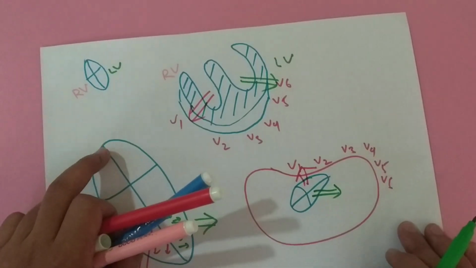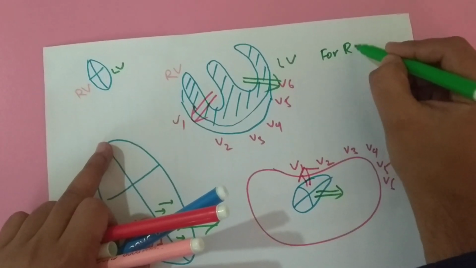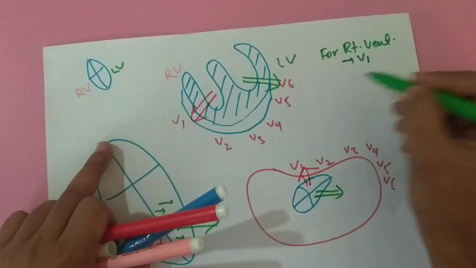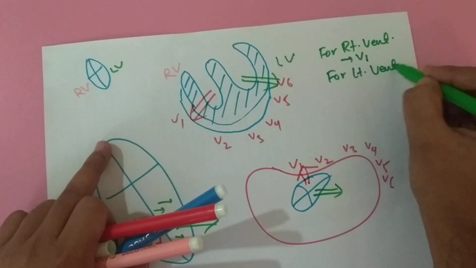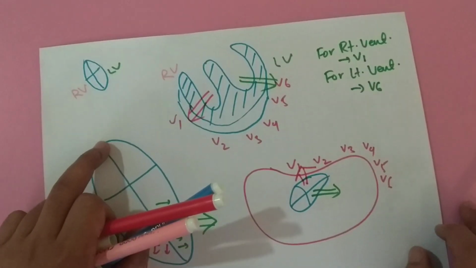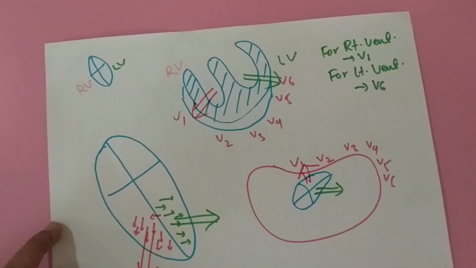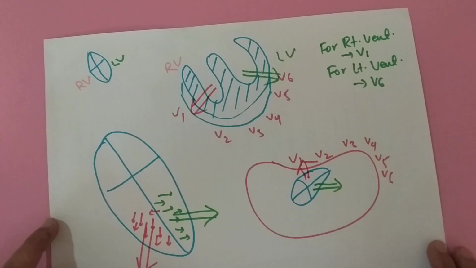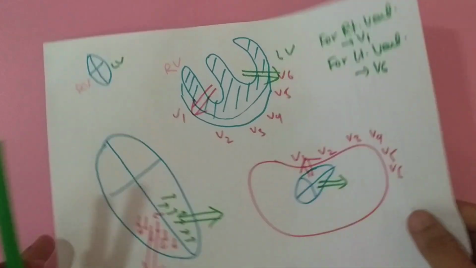So it's reasonable to say that for the right ventricle you need to look at V1, and for the left ventricle you need to look at V6, because the direction of the vector falls directly upon them, so the best image will be picked up by them. I hope till now it is clear.